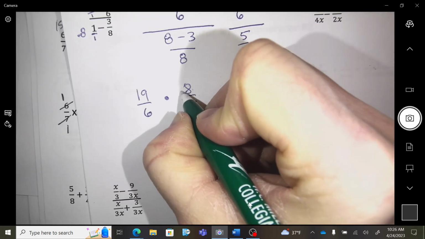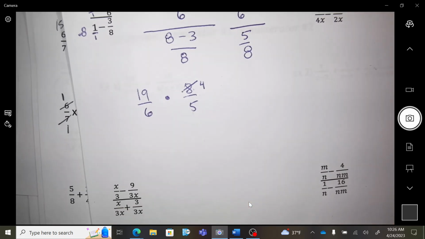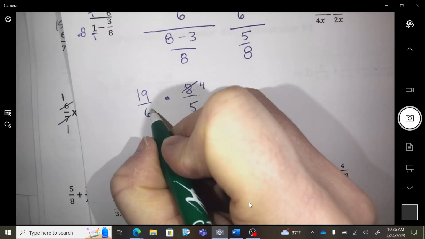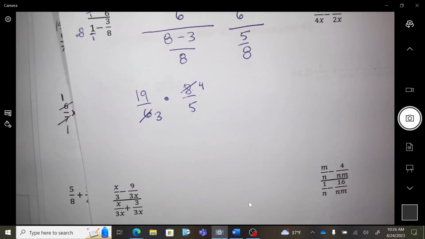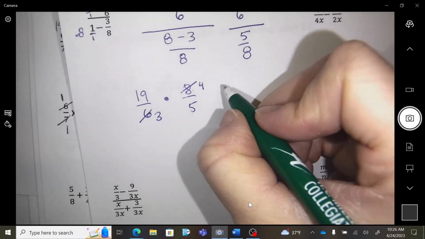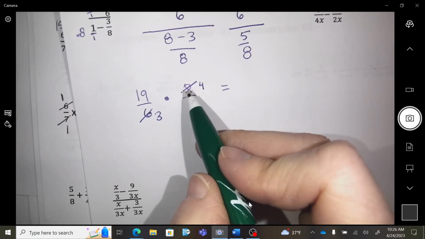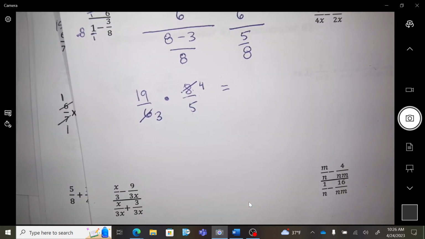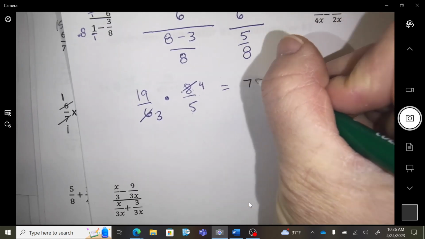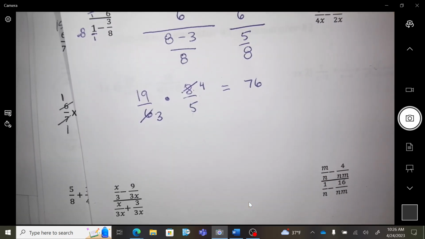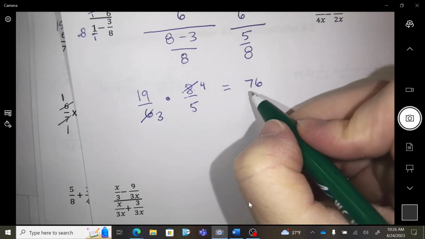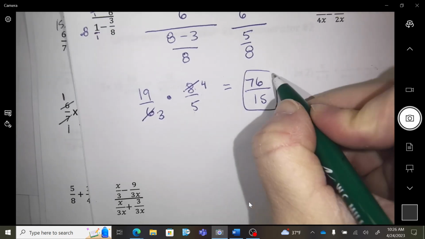So 8 divided by 2, cross it off and put a 4. 6 divided by 2, cross it off and put a 3. 19 times 4 in your head, because 20 times 4 is 80, so you go 4 less than that, 76, over 15.